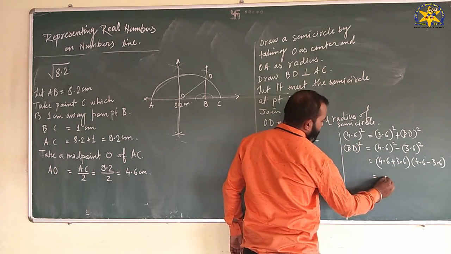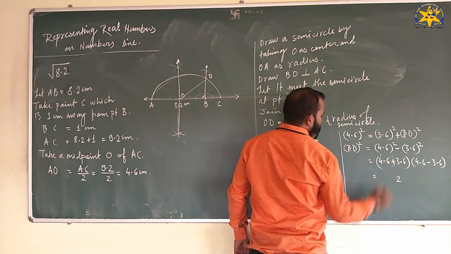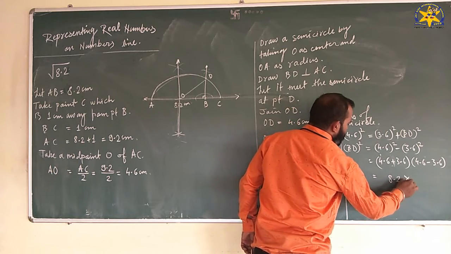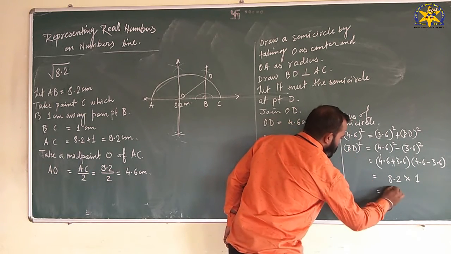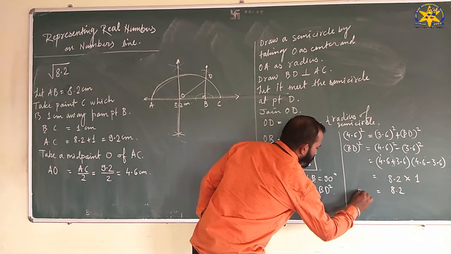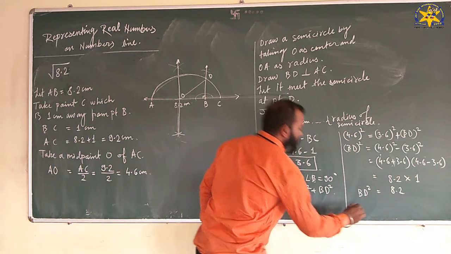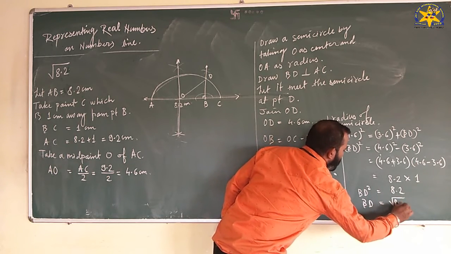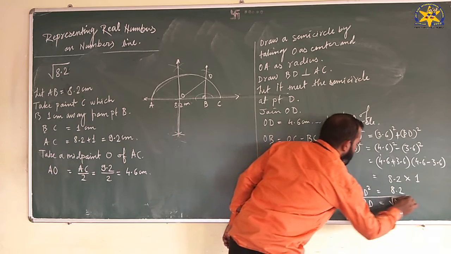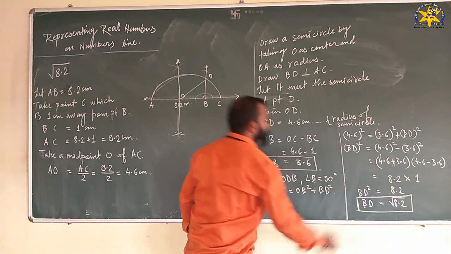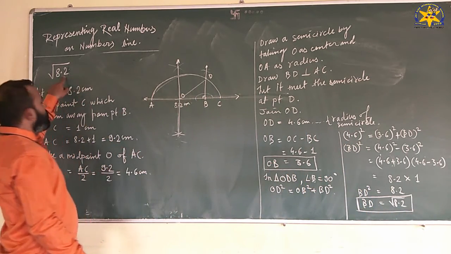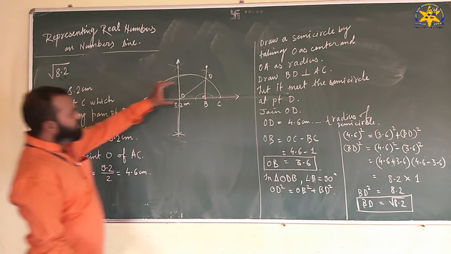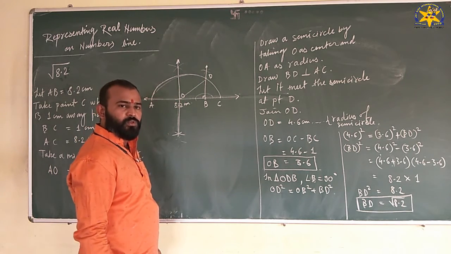It will be 8.2 times 1. So BD square is equal to 8.2. So BD will be equal to root 8.2. So here we have found the value of square root of 8.2. This distance BD is root 8.2.